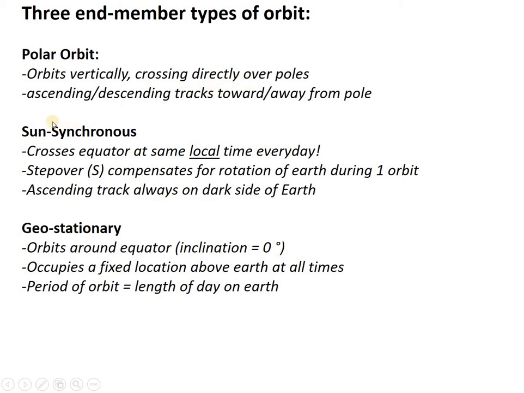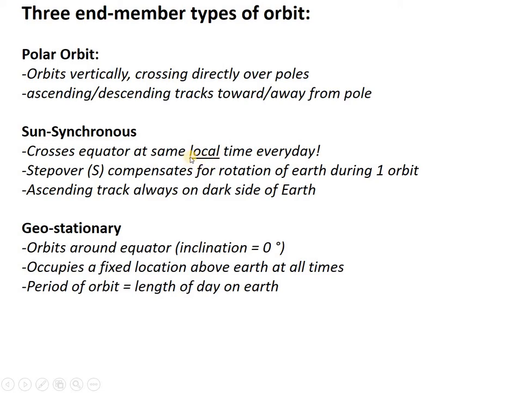Kind of a related version of that, or a similar version, is called the sun-synchronous orbit. So this is nearly polar. Maybe instead of having a 90 degree, it's a few degrees off of 90 degrees inclination. And it's designed, the sun-synchronous is designed so that the descending track of the orbit crosses the equator at the same local time every day.